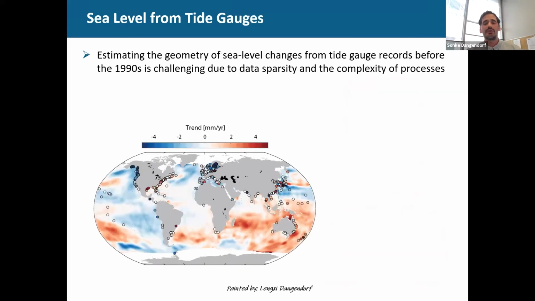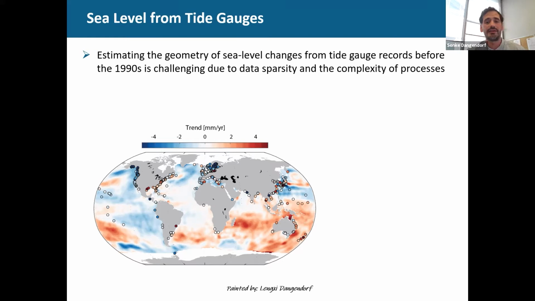We can also plot the location of tide gauges into that map of spatial sea level changes. Tide gauges are actually the only measurements of sea level that we have before the satellite era, starting in 1993. Tide gauges are local devices that are grounded on land and measure sea level relative to the land.